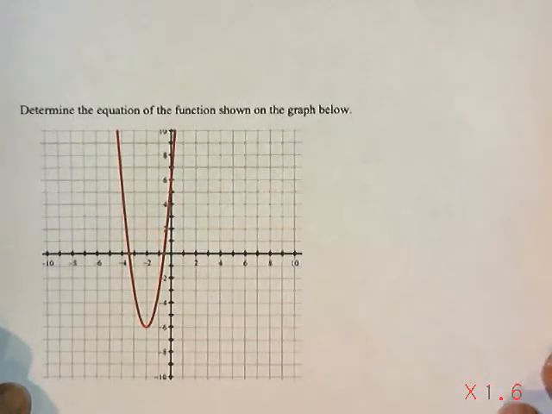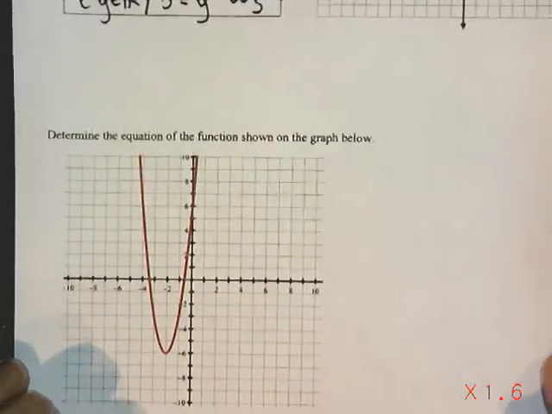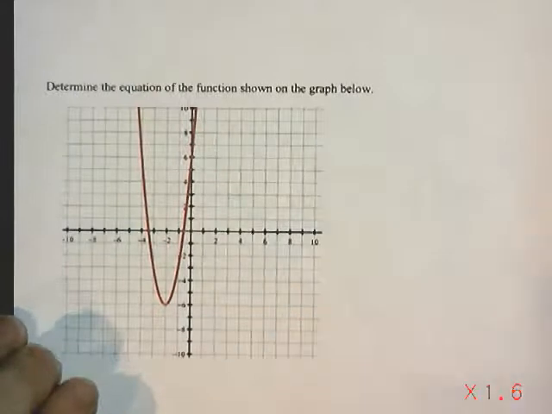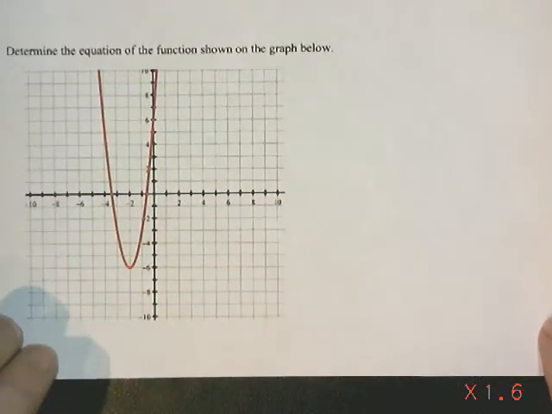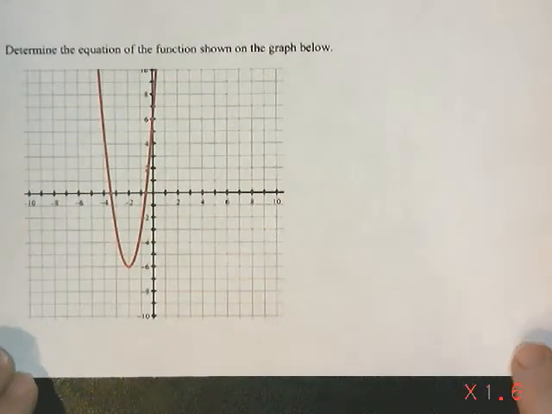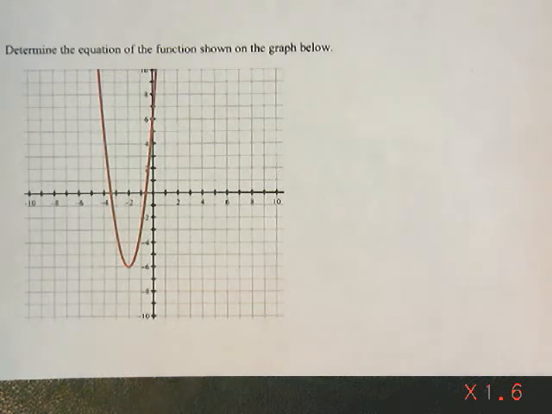Now there is one last question here, which is to find the equation of a function given the graph. It says determine the equation of the function shown on the graph below. What I need to do is think about what I did when I graphed. First, we usually find the vertex, and then we use the step pattern to find the remaining points.